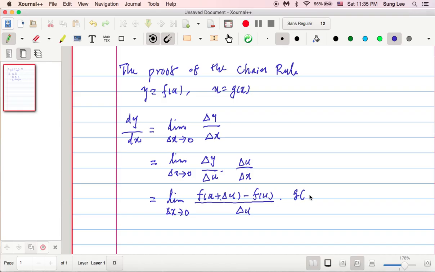So it changes from g of x to g of x plus delta x. So the increment is given by g of x plus delta x minus g of x, all over delta x.